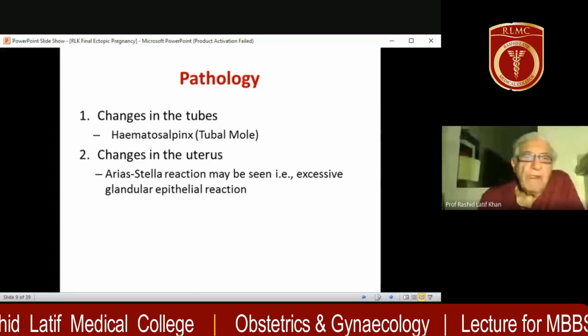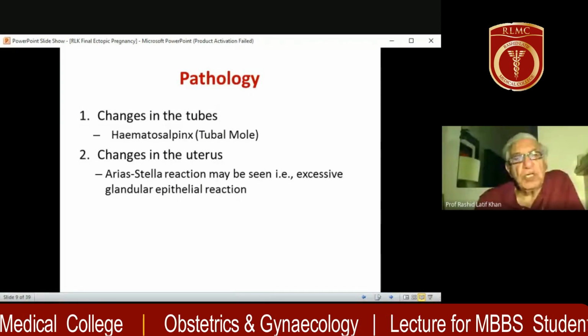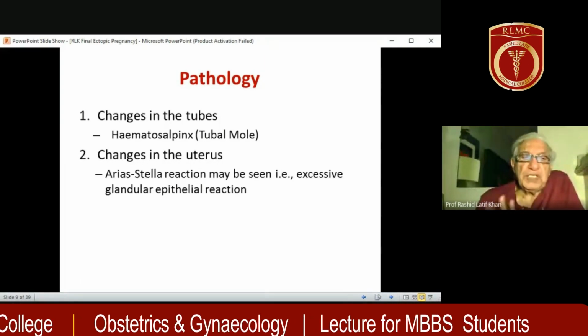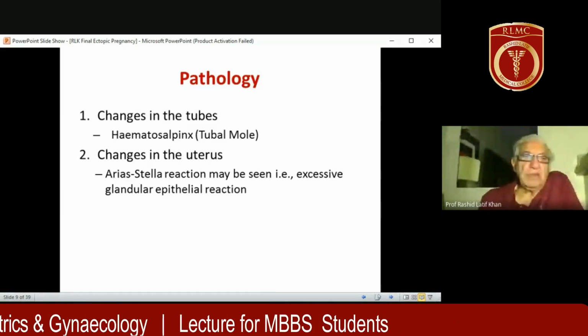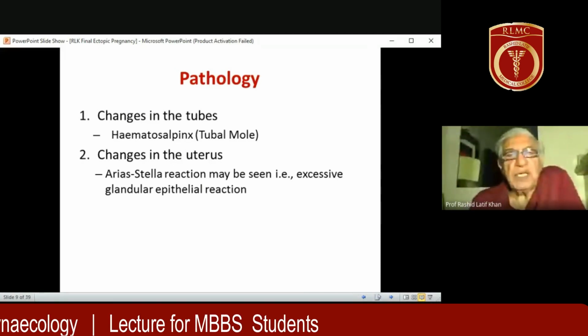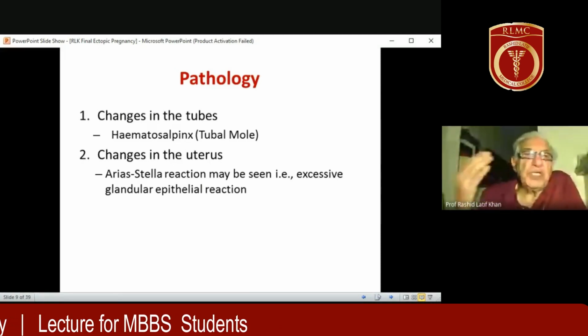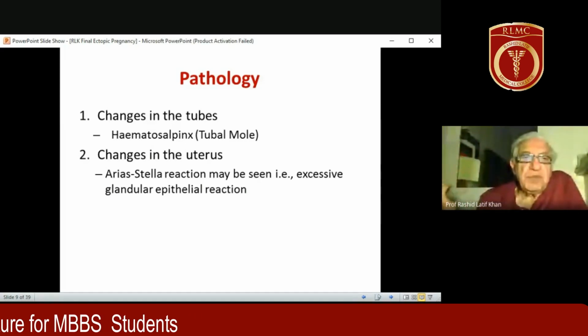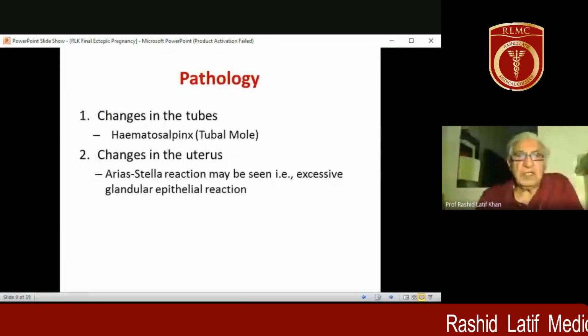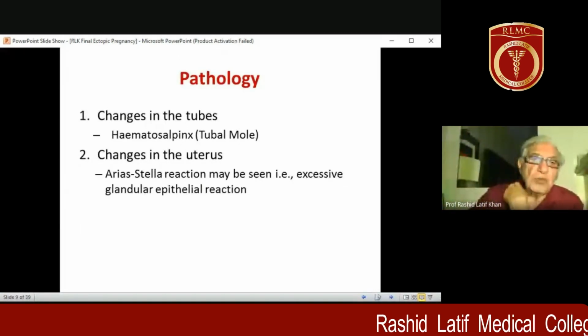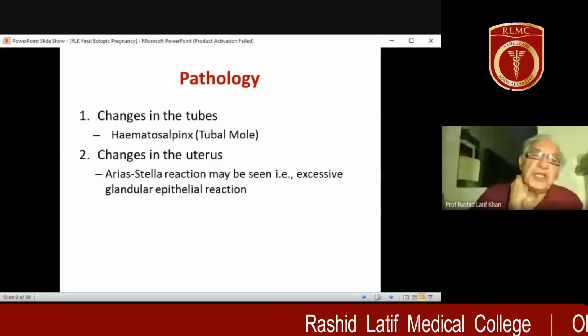These are the causes. And next is pathology. There are changes in the tube, changes in the uterus. Remember these two. Because when pregnancy takes place, they produce extra progesterone and later HCG, human chorionic gonadotropin. They all influence the endometrium and the lining of the tubes and bring some changes. You know, changes in the uterus are that the endometrium becomes secretory phase.